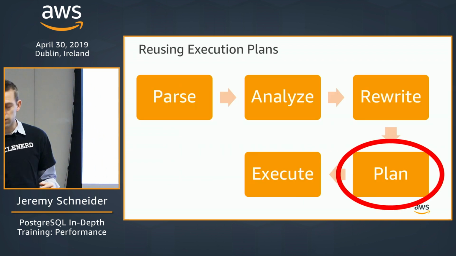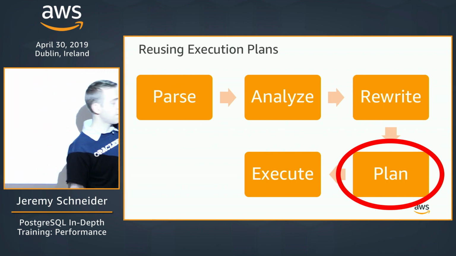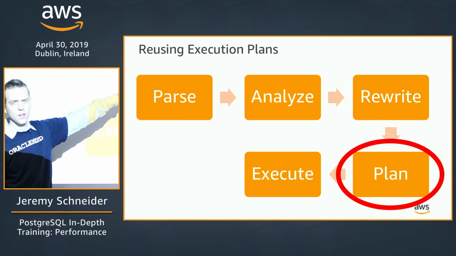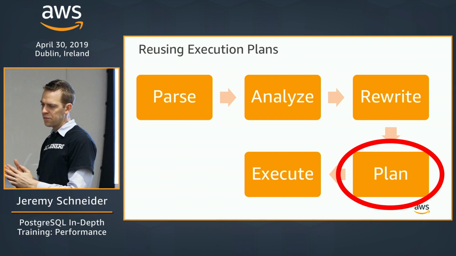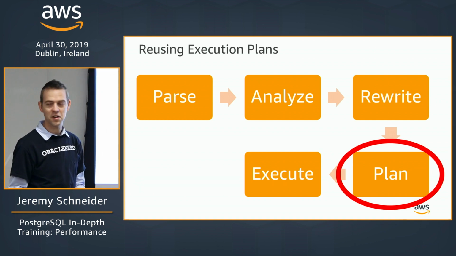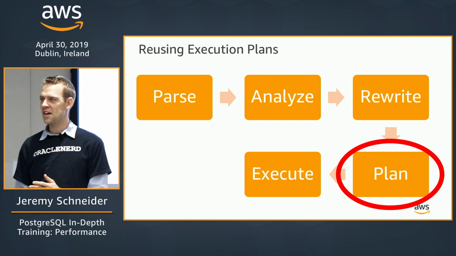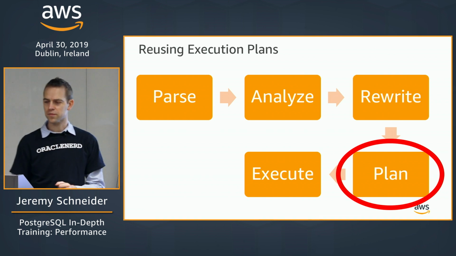You're not going to get any reuse. It'll go all the way to the rewrite phase, and it'll store the data, but every time you re-execute, it's going to replan. It's going to do that 5 times, and this is a hard-coded number in version 11, at least, of Postgres.